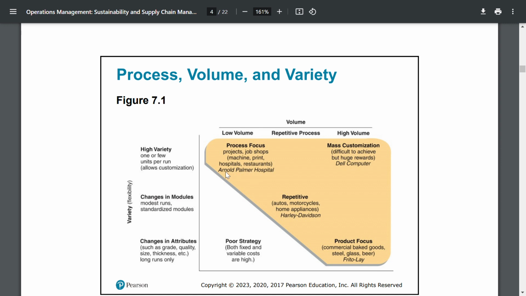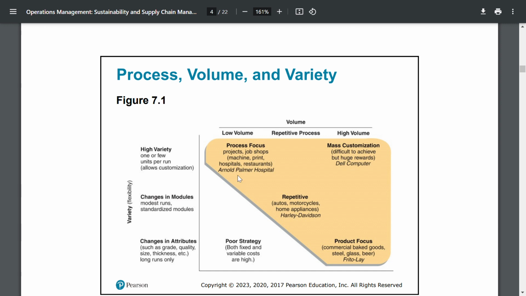In the operation room, you could say it's low volume and high variety, because in the operation room a lot of processes happen. Let's say, for example, restaurants. Some restaurants are low volume and have a high variety, let's say high-end restaurants. And it's most suitable for projects and job shops, which are basically few units per run or one unit per run. These are called job shops.